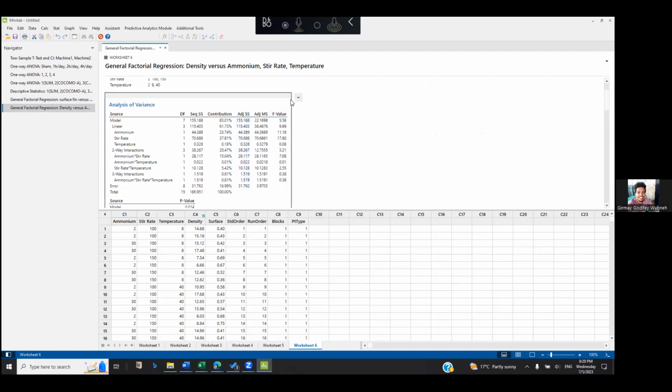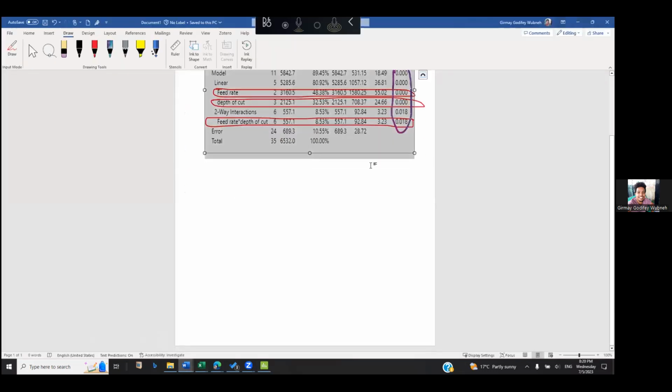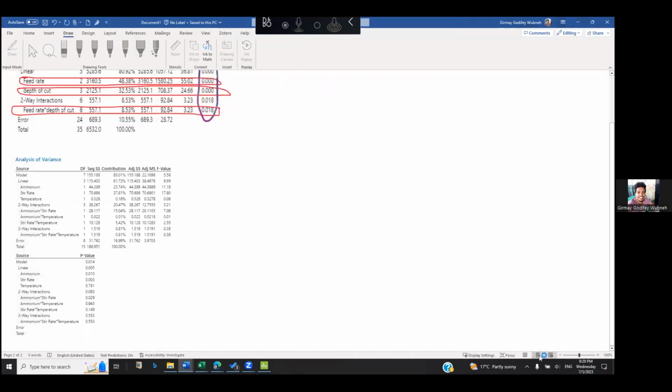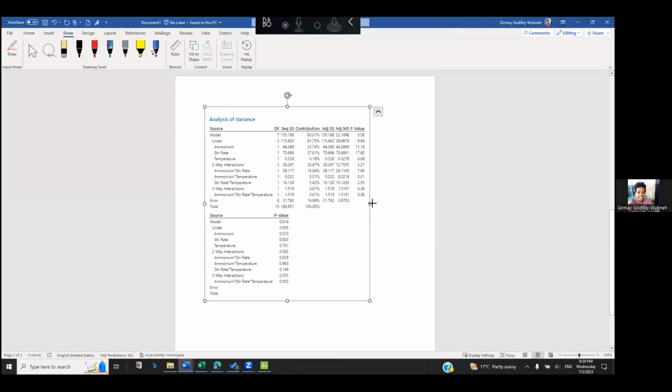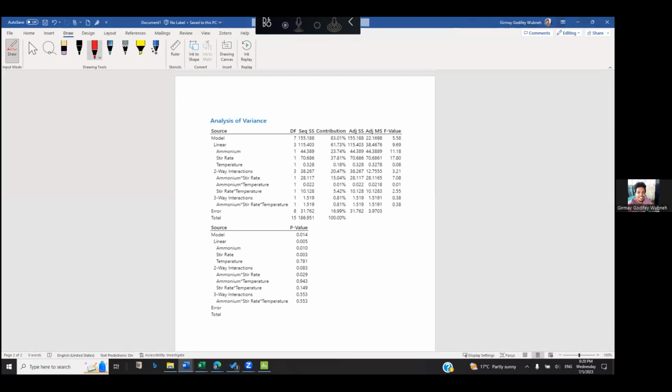I think the p value is zero. Ammonium 0.01 is the p value.